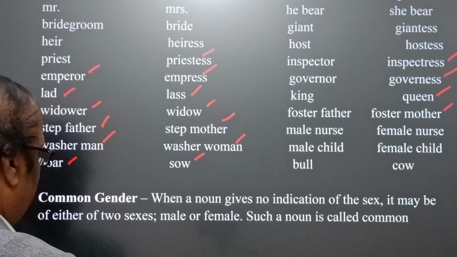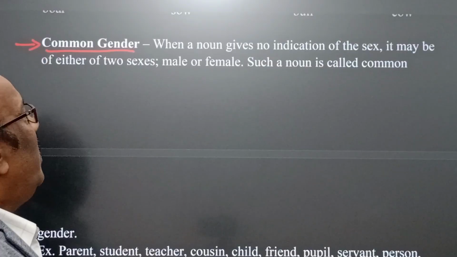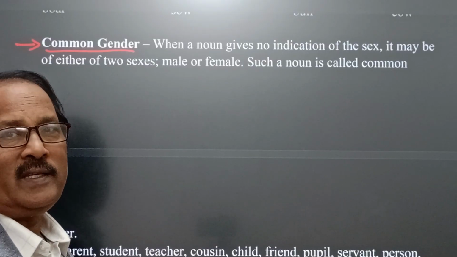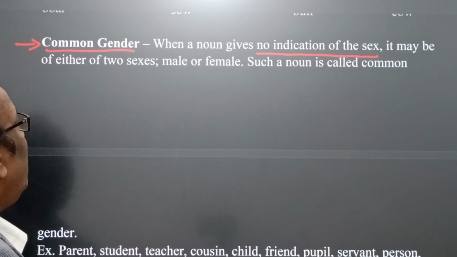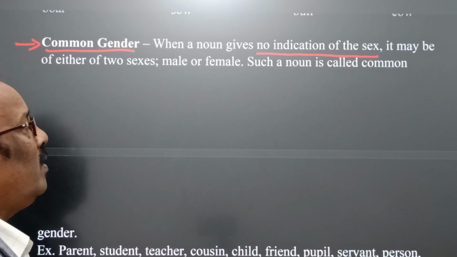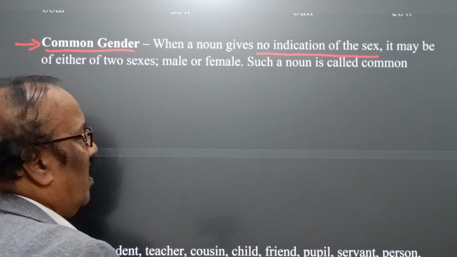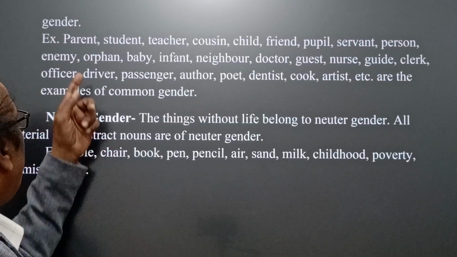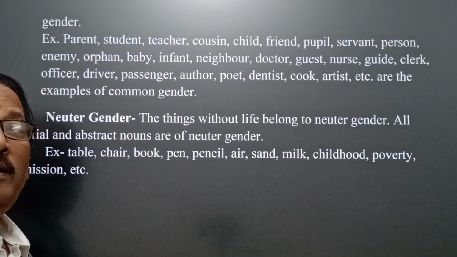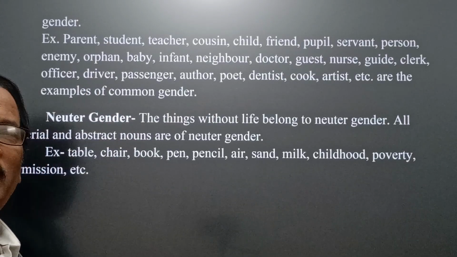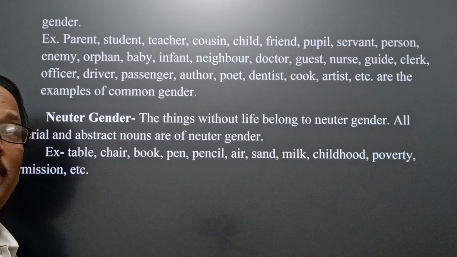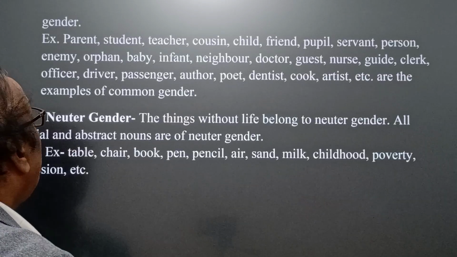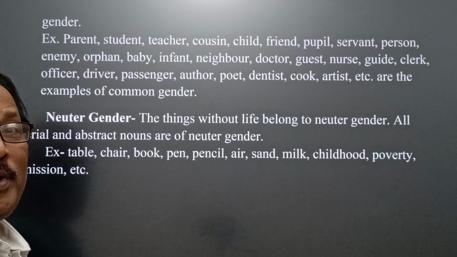Next is another idea, that is common gender. When a noun gives no indication of sex, it may be of either of two sexes, male or female. Such a noun is called common gender. Examples of common gender: parent. Whenever we indicate parent, it may be father or it may be mother. Here we find that parent is a common gender.